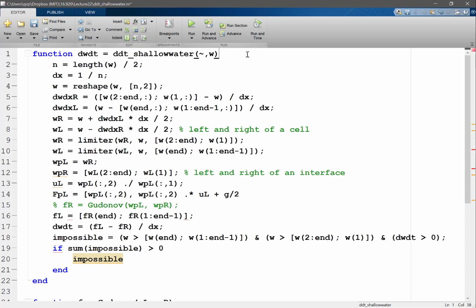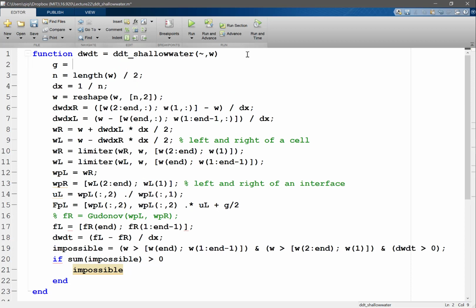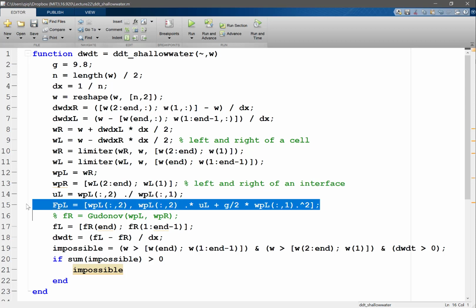Okay, so I need a G here, so let's set G equal to 9.8 times the square of H, right? So this is my flux function.